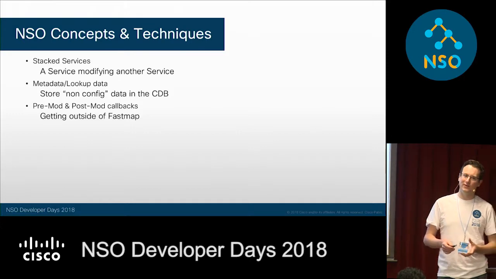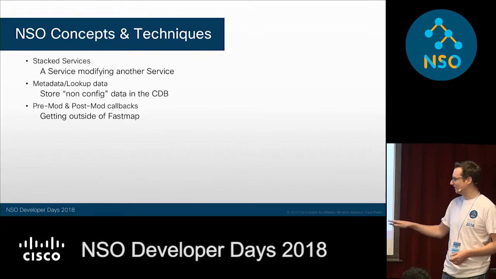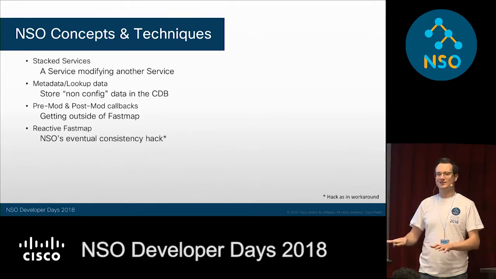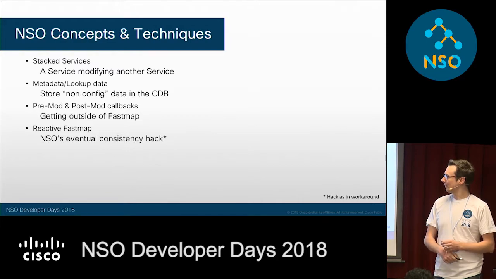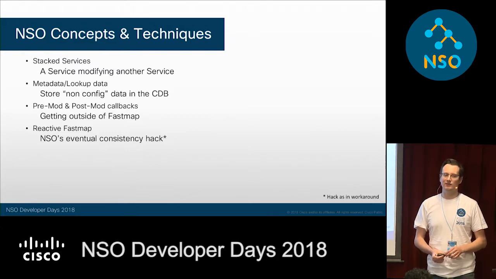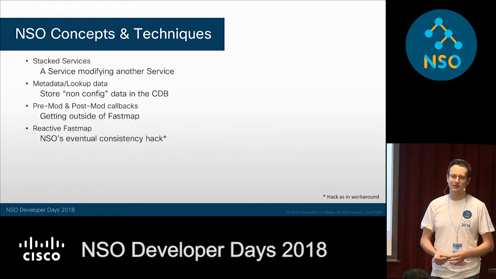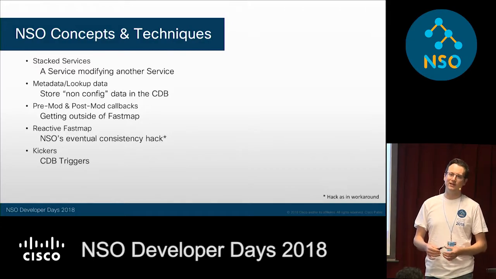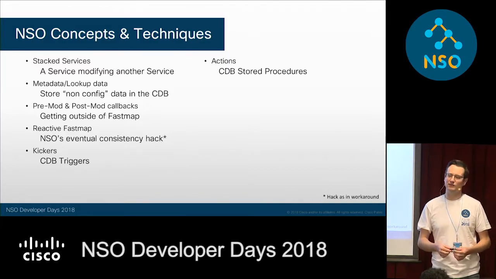Reactive fastmap, NSO's eventual consistency hack, and I mean that hack in a good way, as in it's a workaround. It's not a bad thing. Kickers: if you come from a database world, it's like a database trigger, a CDB trigger. Actions: I like to think of actions like a stored procedure in a database. It's not quite, but it's very similar.